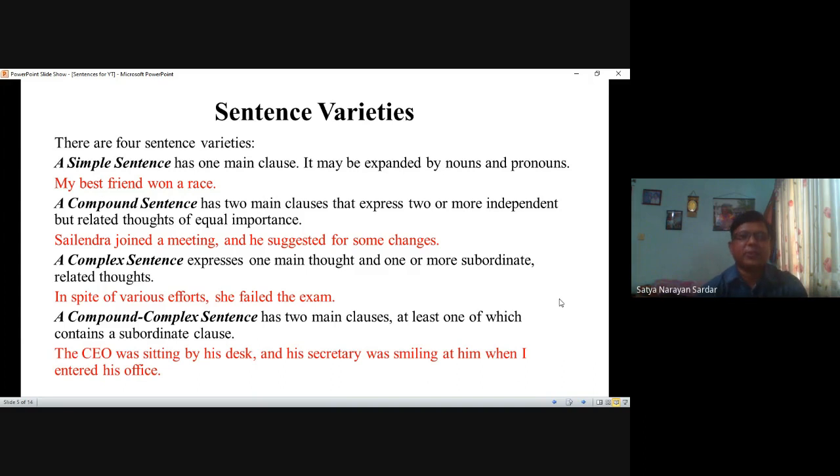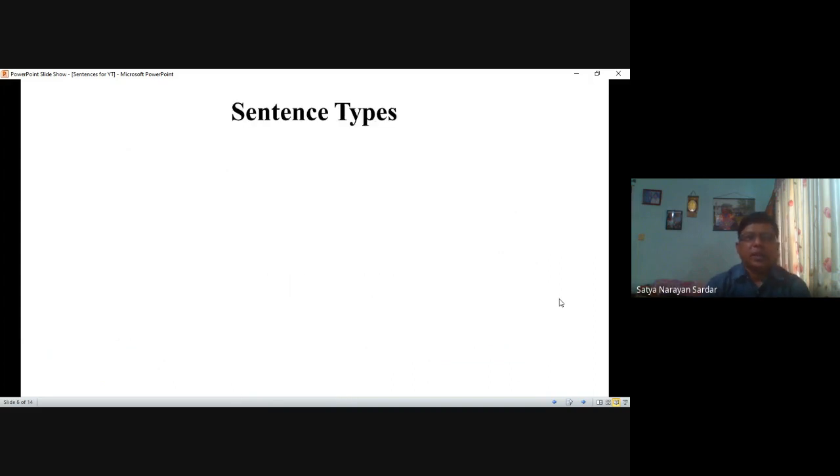When I entered his office is our dependent clause. Sentence varieties, four varieties are there. Please keep in mind. Let's go with sentence types. There are four sentence types. What are those? Let us see.